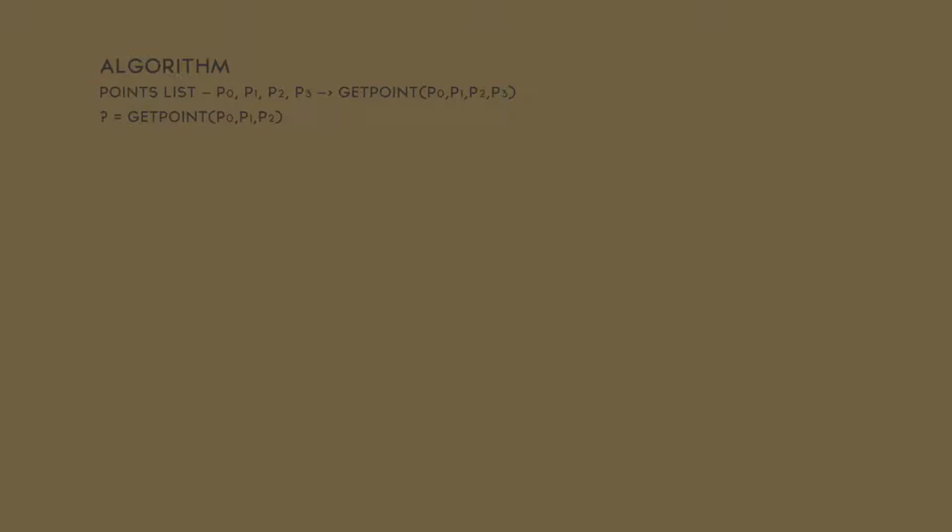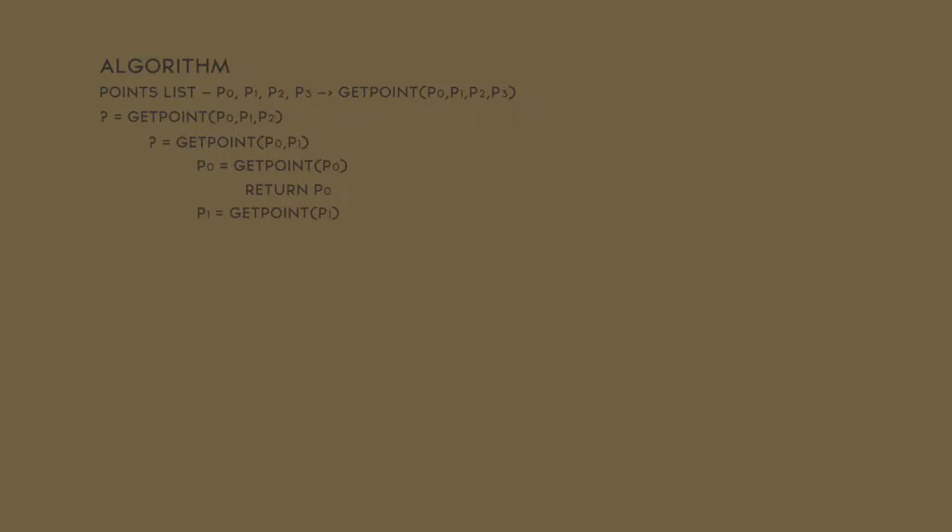Okay, that's still 3 points, so we need to do another recursive call. We take the last one out, so we're recursively calling it again with only P0 and P1. Again, that's 2 points, so we need to do the same thing. We call it again and take the last one out, which will just be P0. That's only 1, so we get P0 as a result. Now on that same stack, we're going to do the other recursive call, which, remember, takes the first element out.